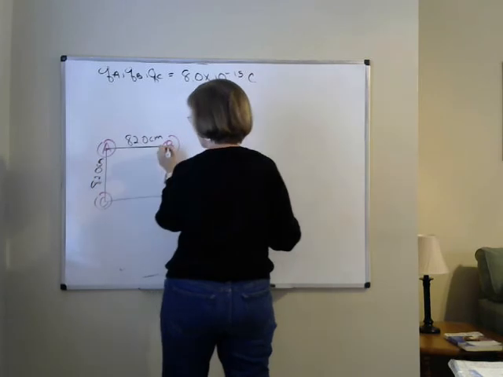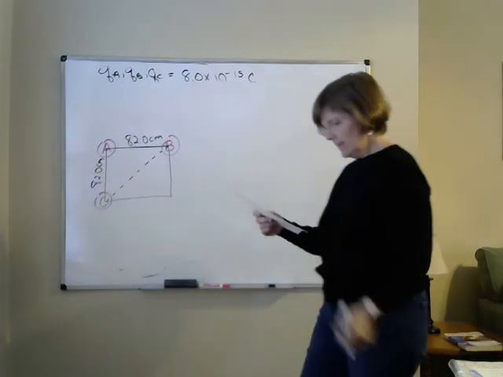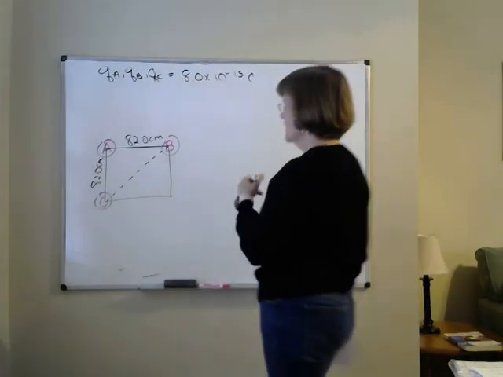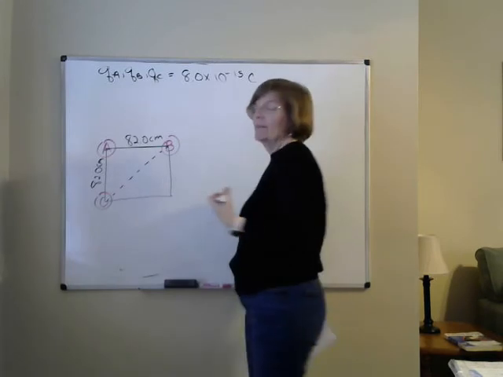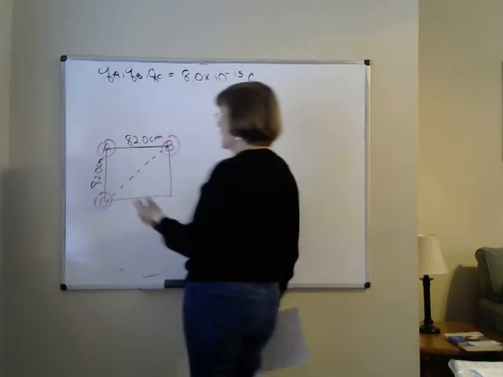All I need is a little geometry. I can use the Pythagorean theorem to figure out exactly how long this diagonal is, or I can use the fact that it's a 45-45-90. It's going to be 82 root 2.